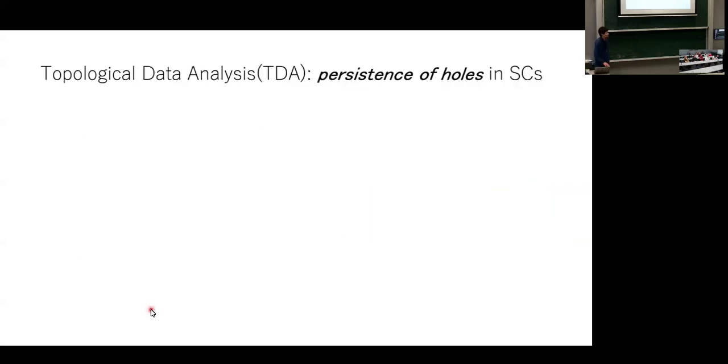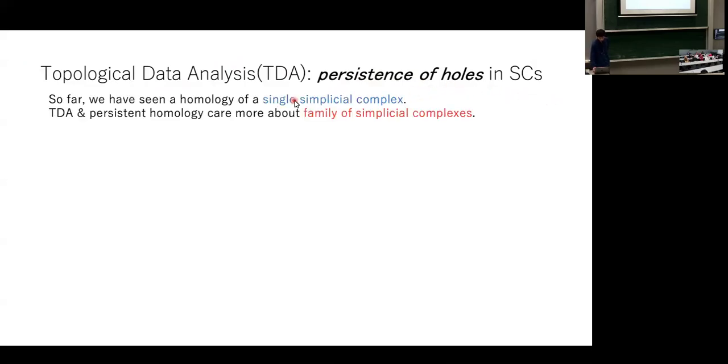Okay, so far I have talked about the topological property of a single simplicial complex, but in the topic called topological data analysis, the persistence of holes in a family of simplicial complexes is considered.